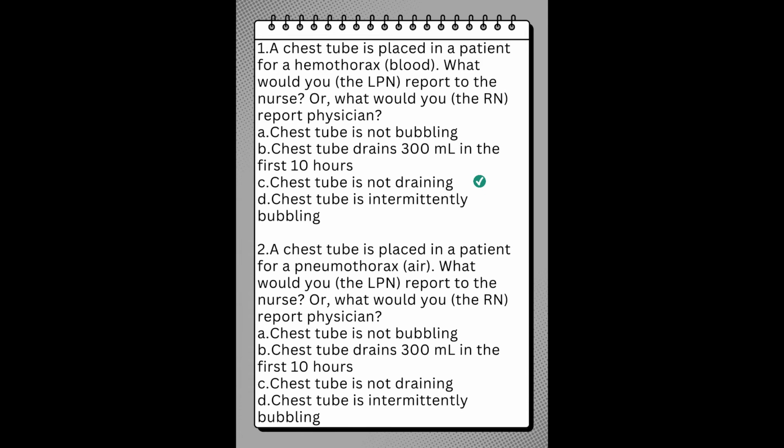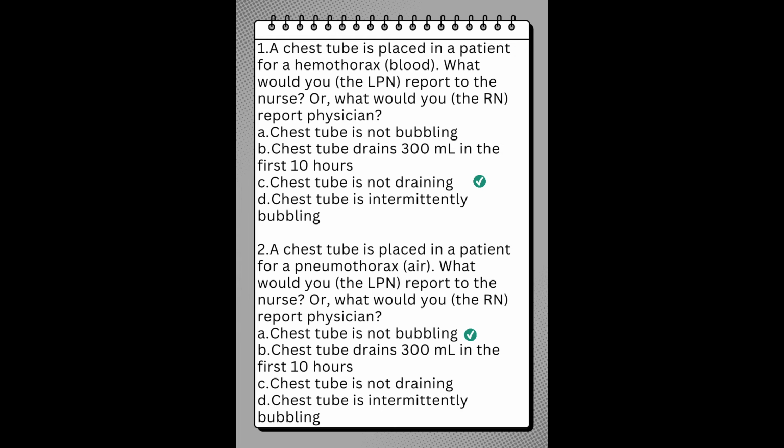D says chest tube is intermittently bubbling, so it's working. However, A said chest tube is not bubbling, so that should be an area of concern that I need to report. So for number two, the best option is A, chest tube is not bubbling. That is an area of concern. We need to report to the physician, or the LPN needs to report to the nurse.